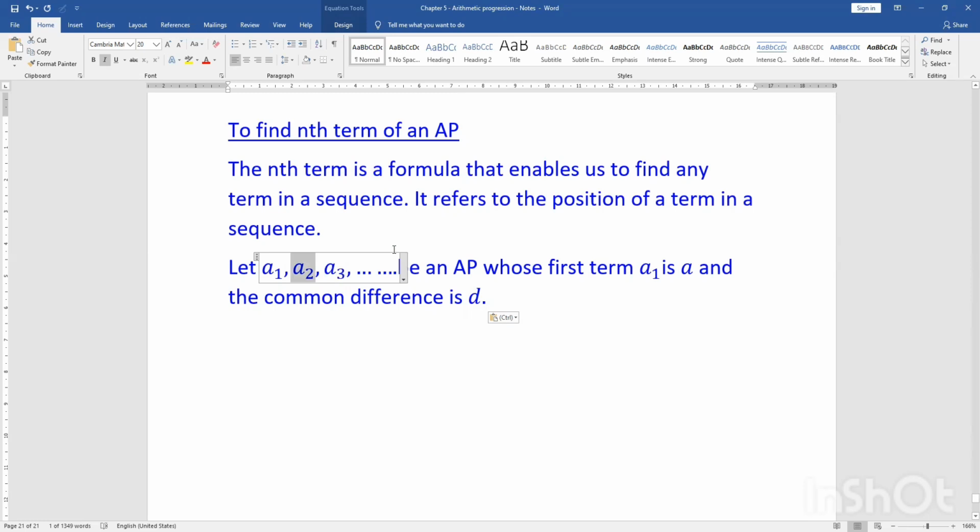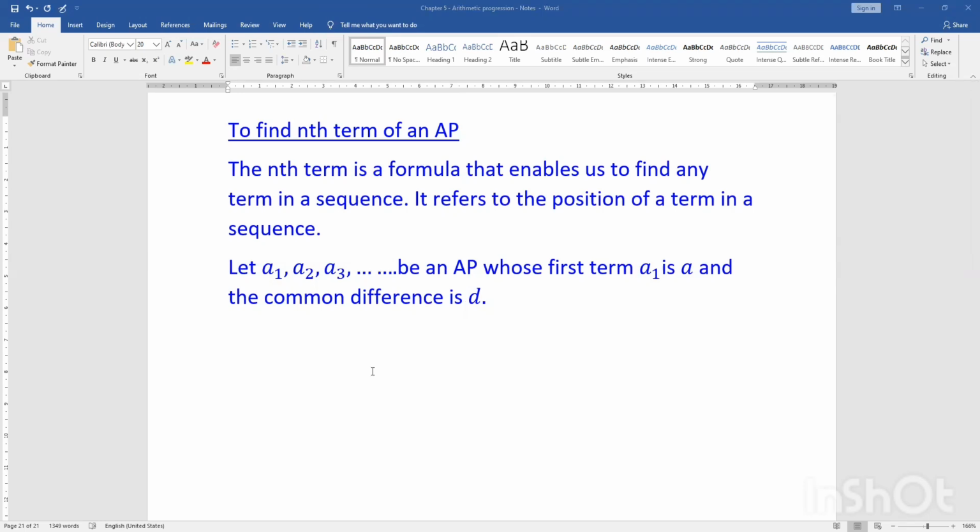So for that, we have the nth term of an AP formula. So I'm going to consider A1, A2, A3. Let all of these terms be in AP, and its first term will be a and the common difference will be d.